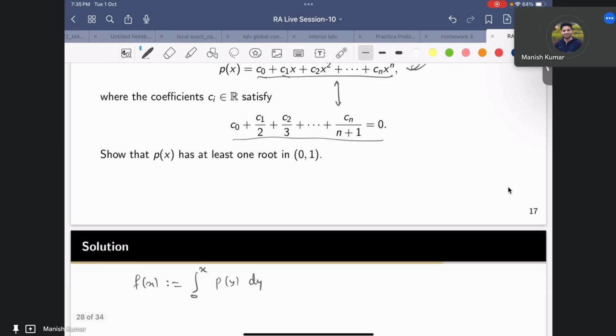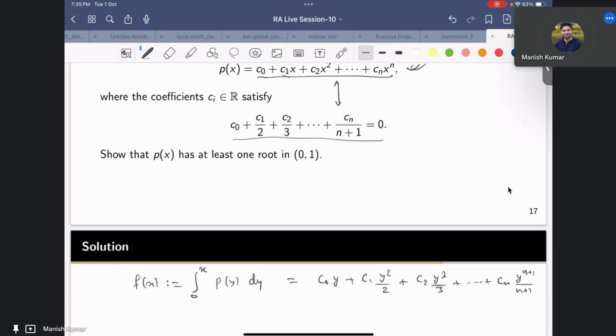This will be c0 y plus c1 y square by 2 plus c2 y cube by 3 and so on, plus cn y to the n plus 1 upon n plus 1.